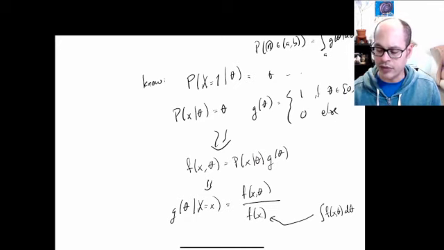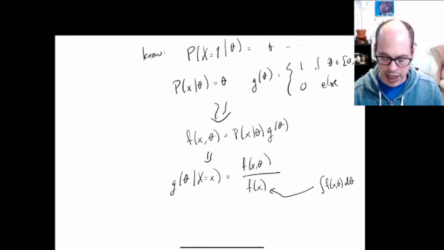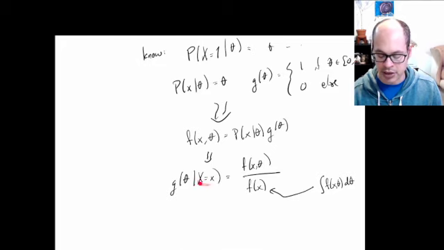Well, after we do our experiment, we can talk about the conditional probability of theta having certain values, or the probability density function for theta, conditioned on having made our measurements. And that's what I'm trying to explain here. So after we make a measurement for our variable, then we can get a new density function for our parameter, which is this conditional density function.